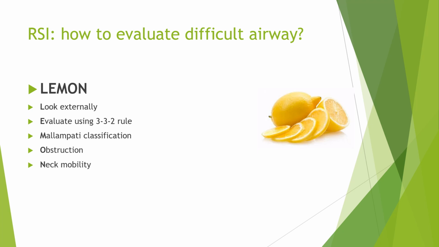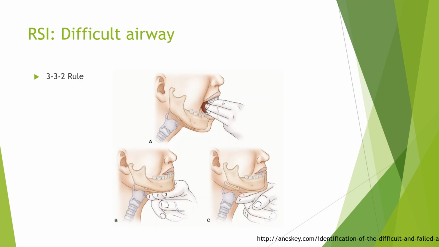O means obstruction, and N means neck mobility. The 3-3-2 rule: as the patient opens the mouth, you can put 3 fingers between the teeth; the mandible to hyoid bone is 3 finger lengths; and hyoid bone to thyroid cartilage is 2 finger widths. If the patient can comply with all of that, maybe the patient does not have a difficult airway.